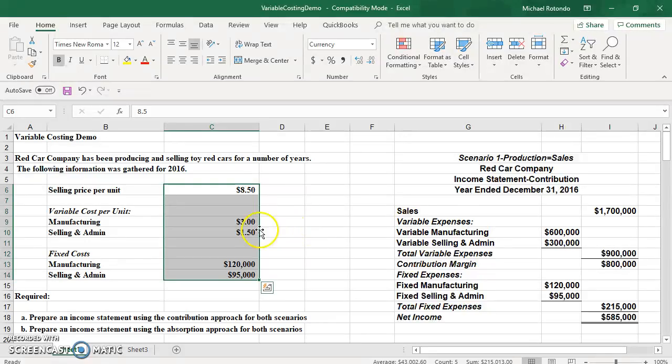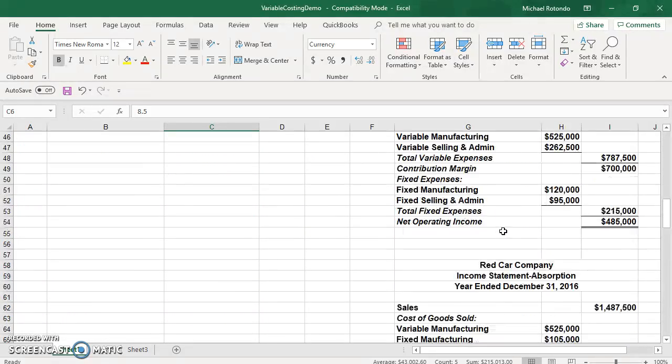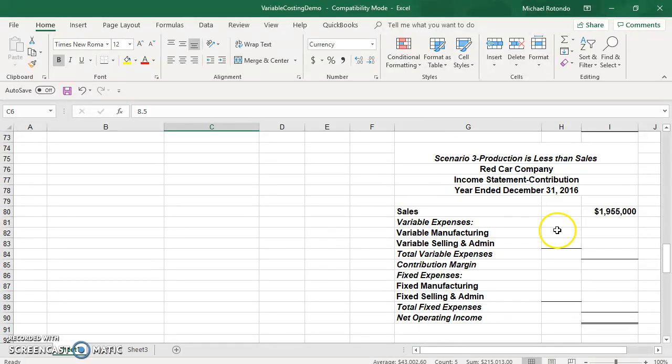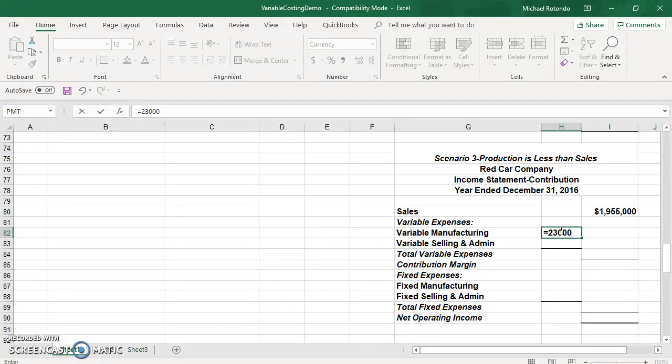So our variable cost per unit was $3 for manufacturing. So our variable manufacturing is going to be the 230,000 units times $3 per unit, $690. And the variable selling and admin, again, will be the 230,000 units times $150 per unit.